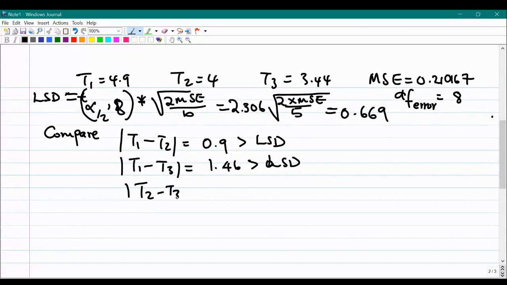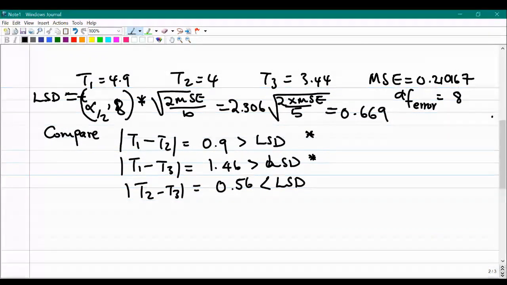T2 minus T3 is 0.56. This is less than LSD, isn't it? So this is significant, this is significant. Isn't it, guys? So this is fine.